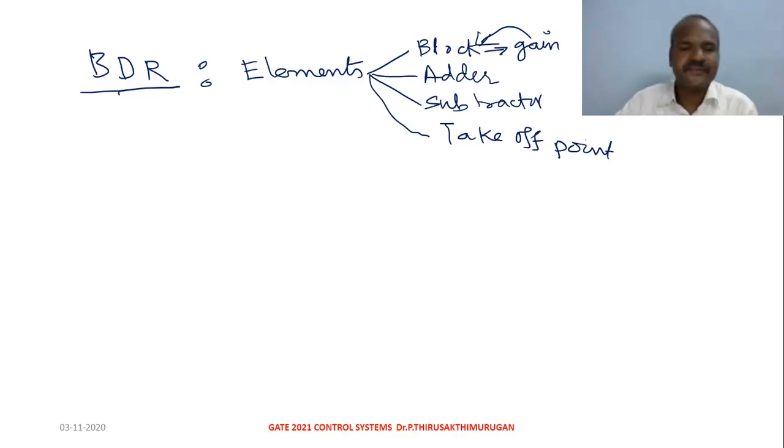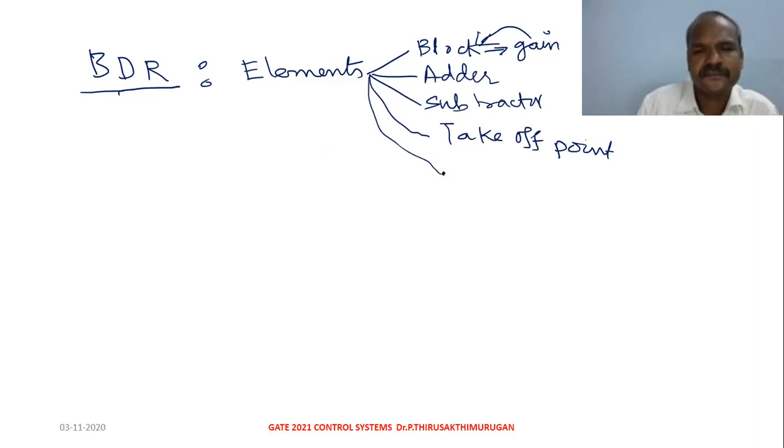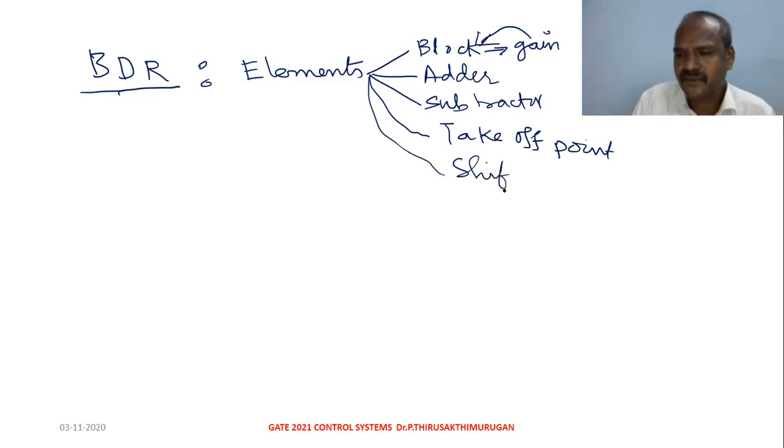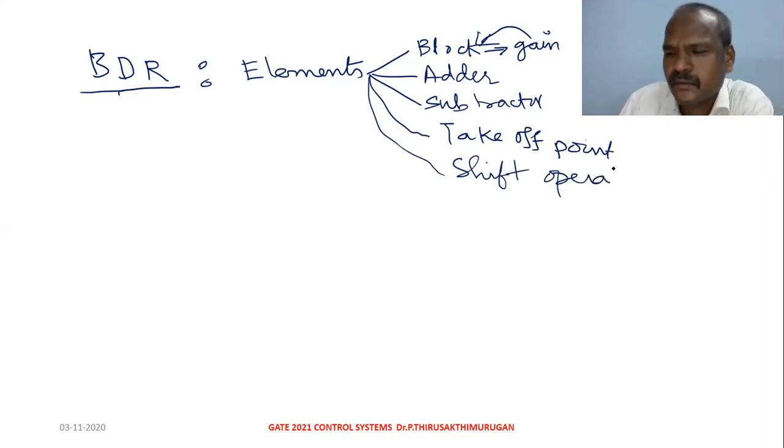Then one more element is the shift operator. So these are all important points. Let's see the original block diagram, small things we will see.